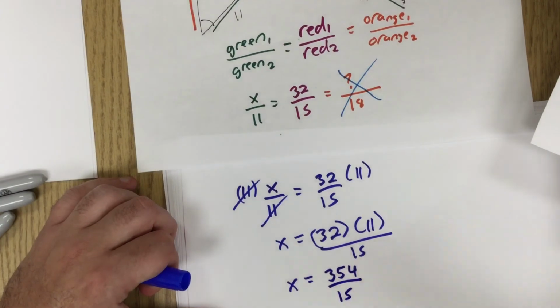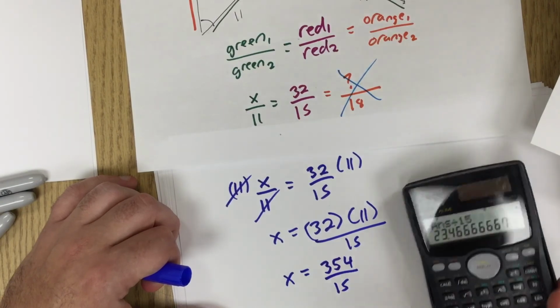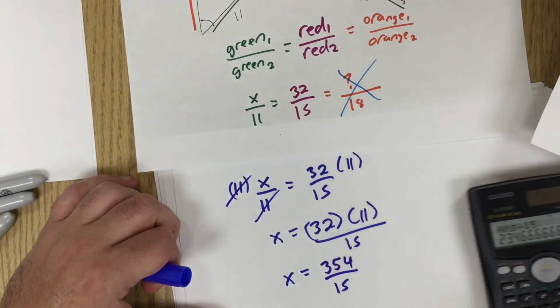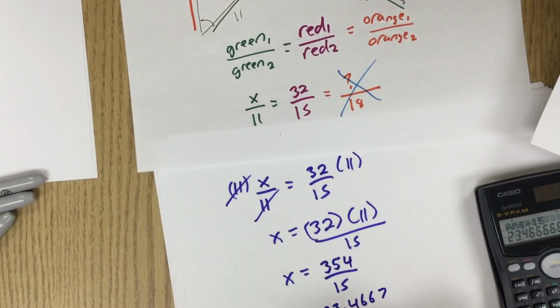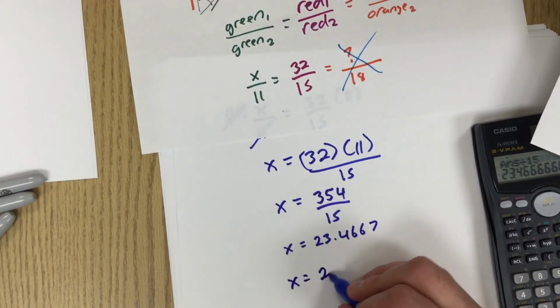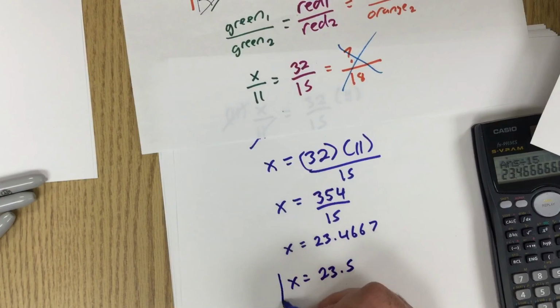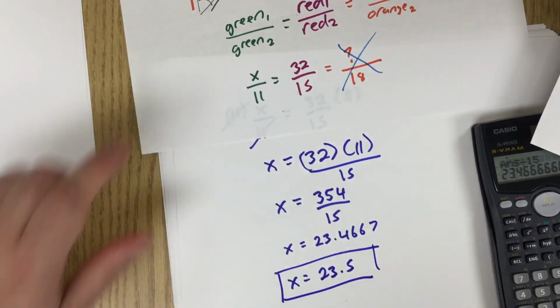So it'll be 352 over 15, which is 23.4666, and so on, which we're just going to write as 23.5. And that would be the length of x in the second example.